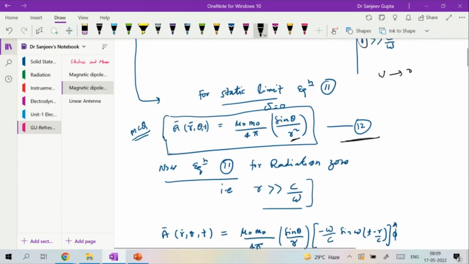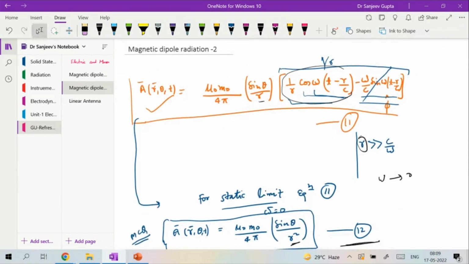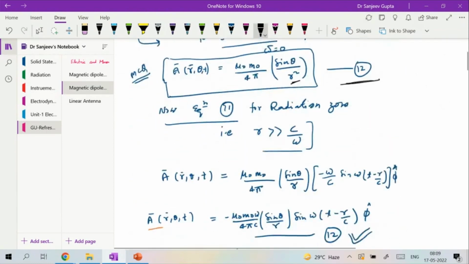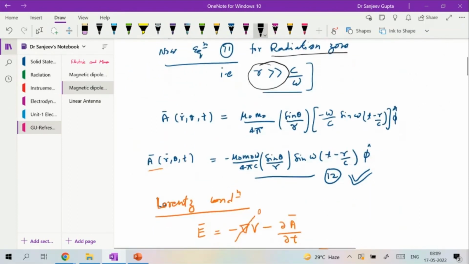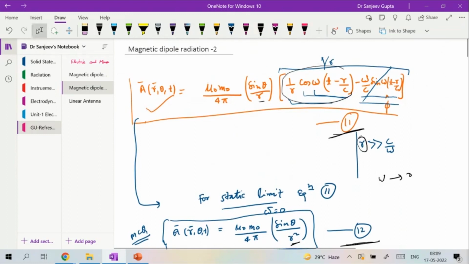Now, again, if I look more in depth at equation number 11 for the radiation zone, it means r is very large, r is larger than c/ω. If I put this, then I can write A(r, θ, t) as μ0 m0/4π sin θ/r, and the other term goes to zero.